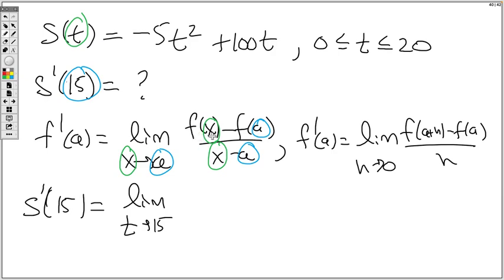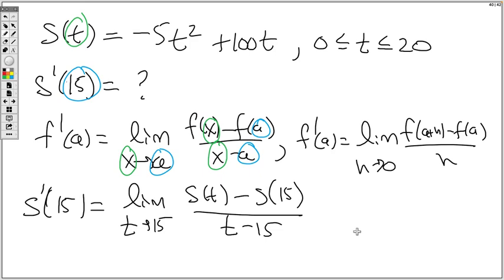And instead of f of x, it's going to be s of t. Instead of f of a, it's going to be s of 15. Instead of x minus a, it'll be t minus 15. So before we get any further, is everyone okay with the new lettering now? We're good with that? All right. So we'll go to the next slide here.